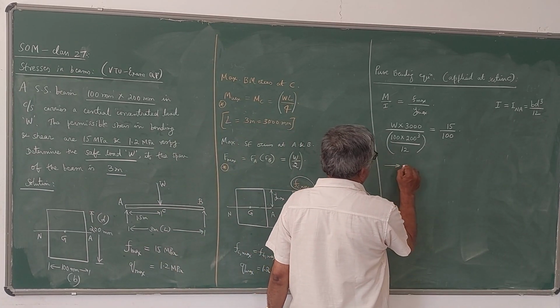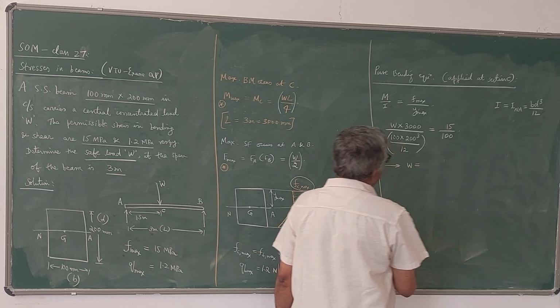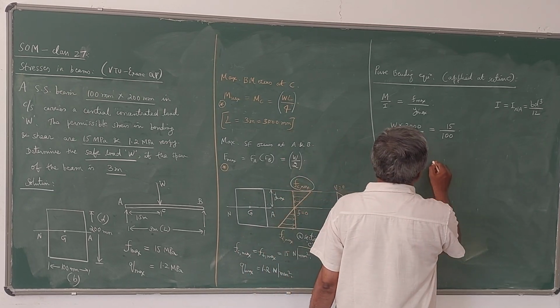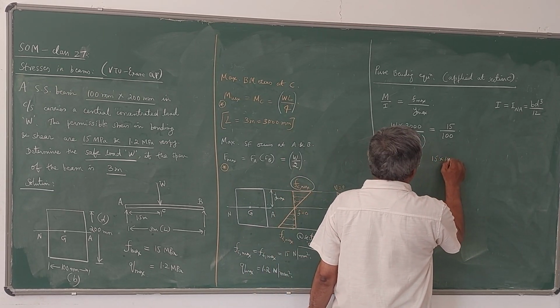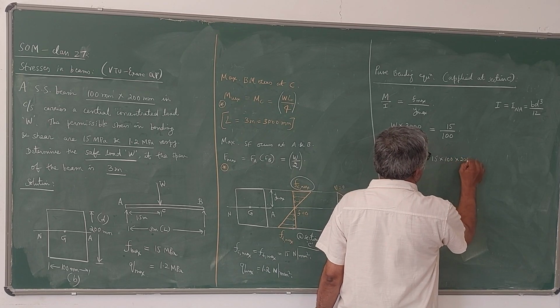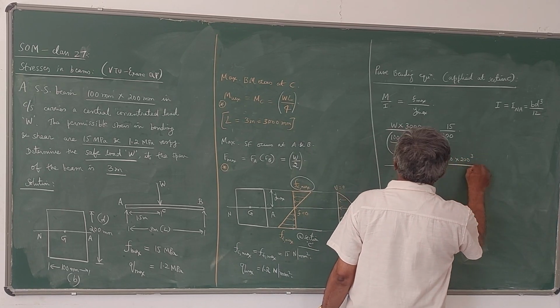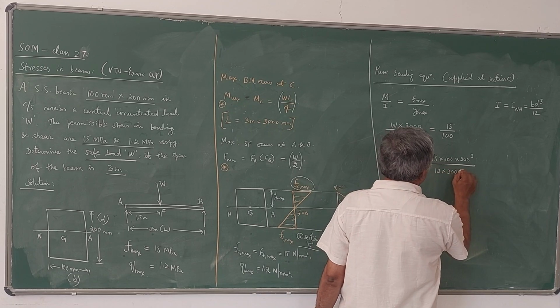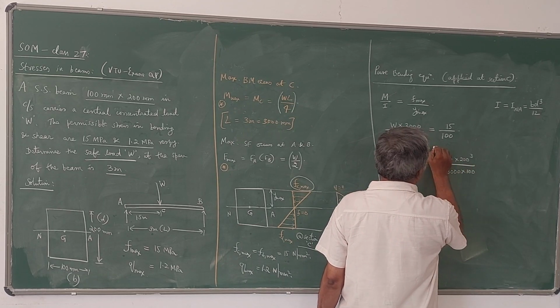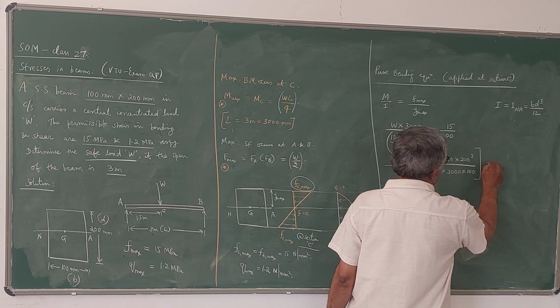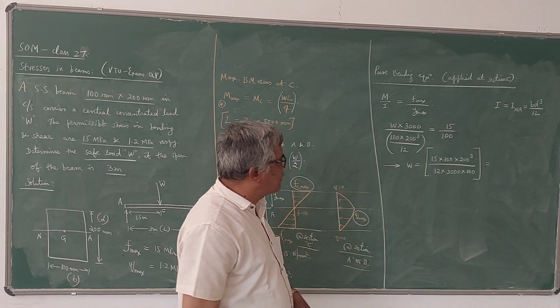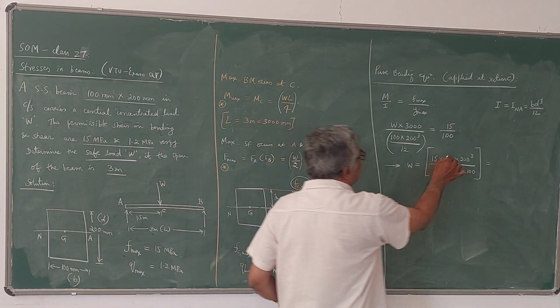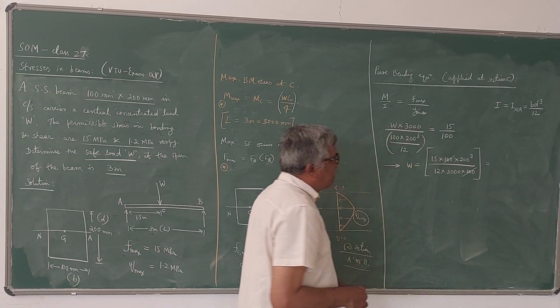From this, let us find the value of W here. So W will be equal to 15 into 100 into 200 cube divided by 12, where the 12 goes to the numerator, into 3000 into 100. So this is the value of W. Now let me simplify this. This 100 will get cancelled with this 100.